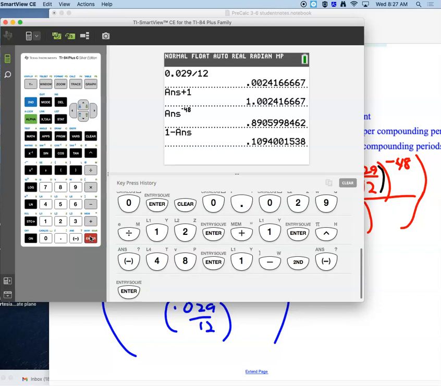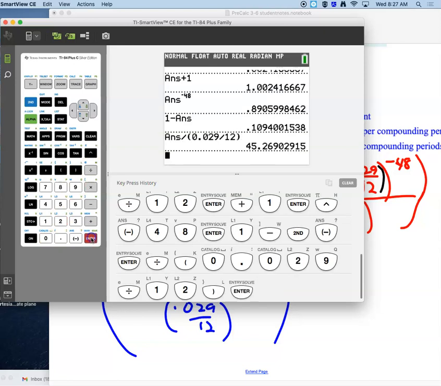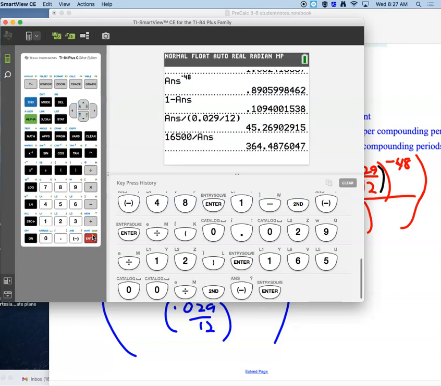So let's divide that by 0.029 divided by 12. All right, so that's everything on the right-hand side. Now I want to take 16,500 and divide it by that answer. And there it is. So $364.49.